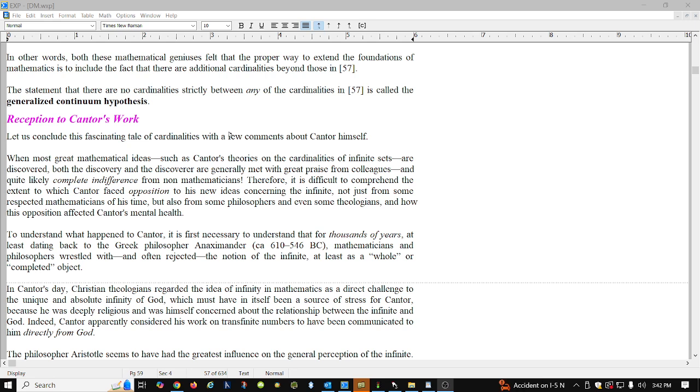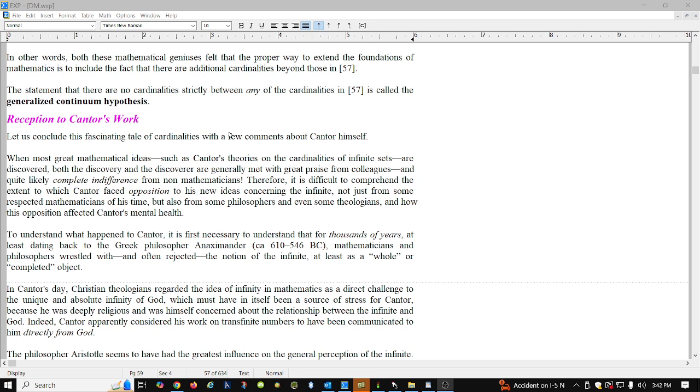They may be given awards, asked to visit the universities, to give lectures, and so on. Of course, at the same time, these great discoveries are met with total and complete indifference among non-mathematicians.